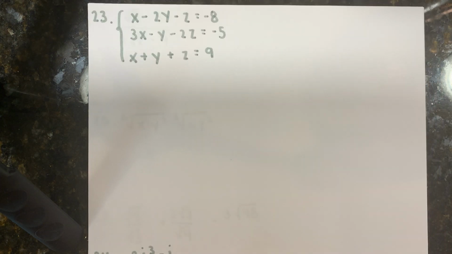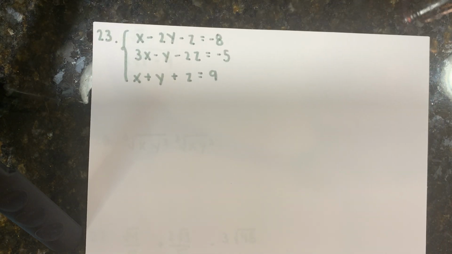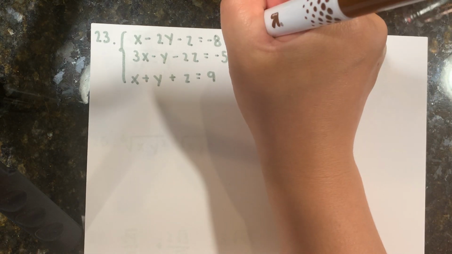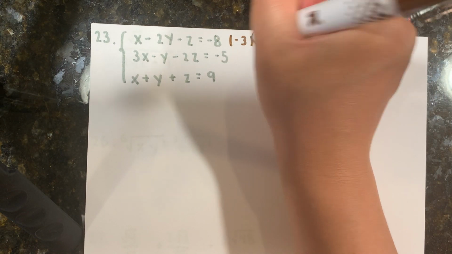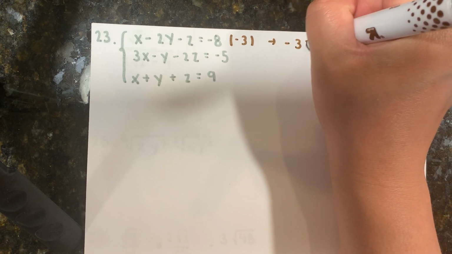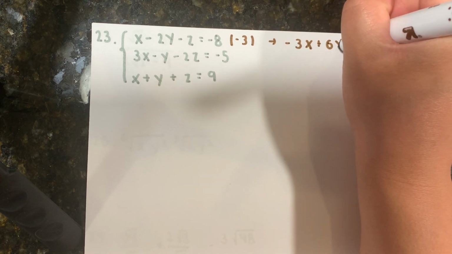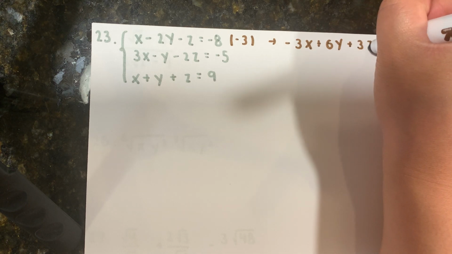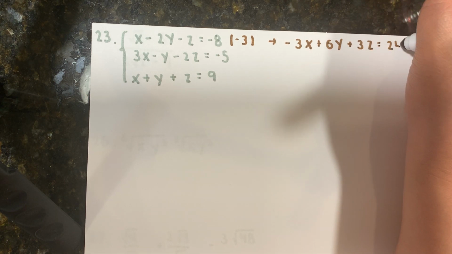Now looking at number 23. The tricky part about this one is that we have to eliminate one of the letters, and it's not really easy to choose one. So I'm actually going to just choose to eliminate x. So I'm going to multiply this top equation by negative 3, giving me negative 3x plus 6y plus 3z is equal to 24.